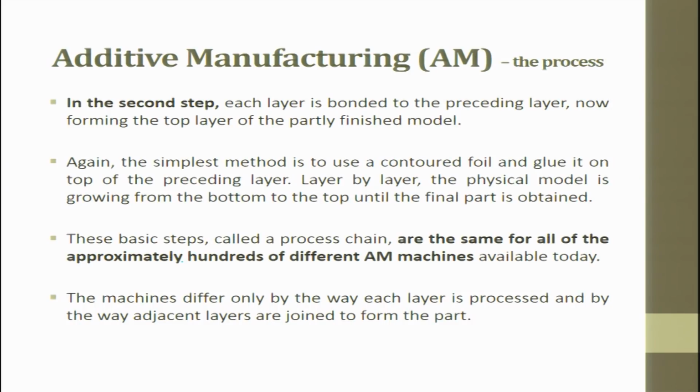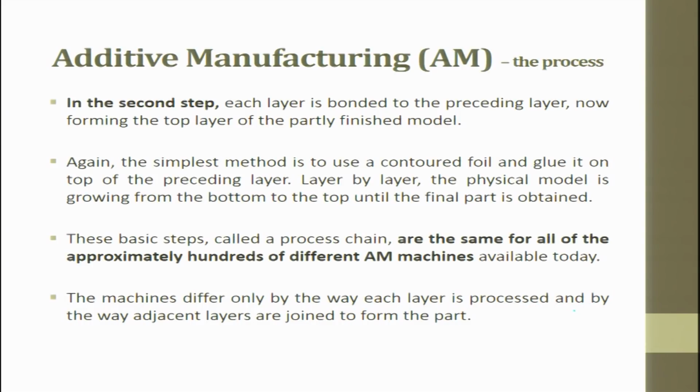The basic steps, called a process chain, are the same for all of the approximately hundreds of different AM machines available today. You take any machine, it will develop only like this. The machines differ only by the way each layer is processed.